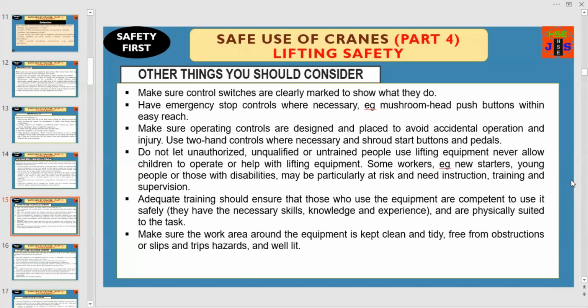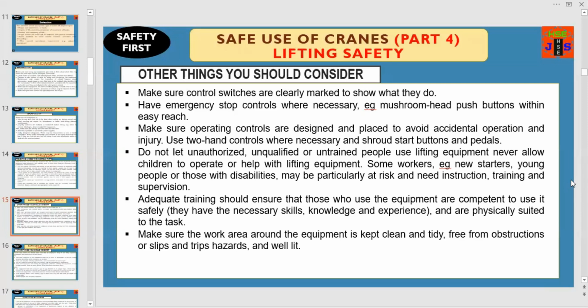Adequate training should ensure that those who use the equipment are competent to use it safely. They have the necessary skills, knowledge, and experience, and they are physically fit as per the nature of the task.